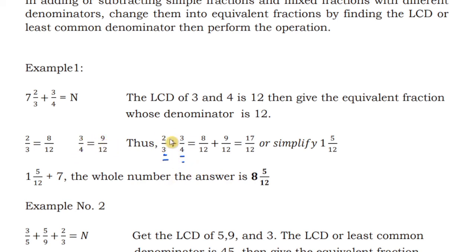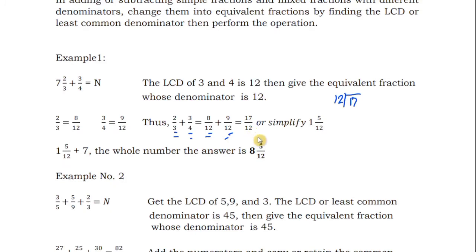Then as we add the 2 here, we have 8/12 plus 9/12, by changing 2/3 to another fraction with the same target, having a similar denominator. So 8 plus 9 is 17, then over 12, or simply 17 divided by 12.